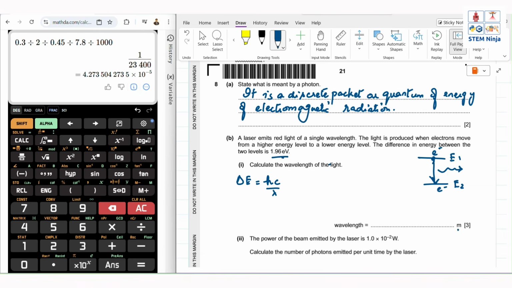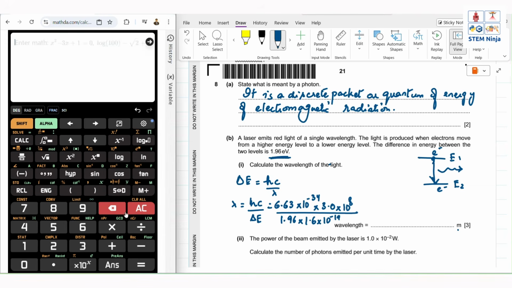To find the wavelength, we need to convert electron volts into joules, otherwise we can't do that. So lambda is equal to hc over delta E. h is Planck's constant, 6.63 times 10 raised to power minus 34, speed of light 3.0 times 10 raised to power 8, energy 1.96 times 1.6 times 10 raised to power minus 19 to convert it into joules.